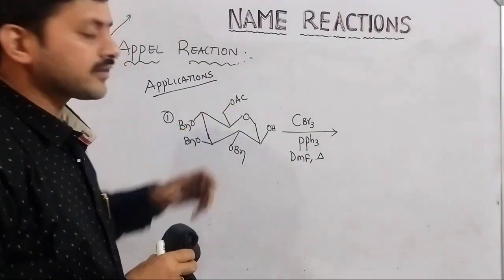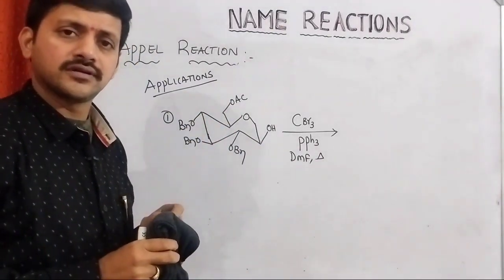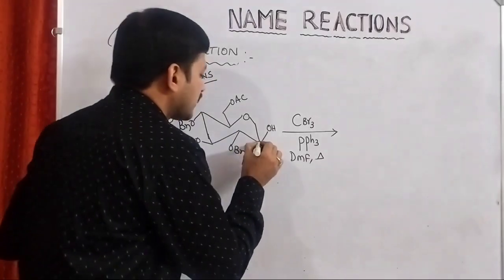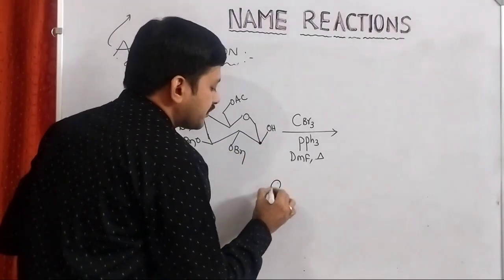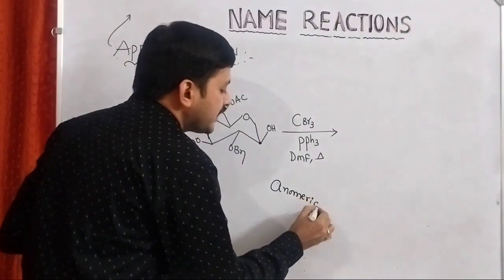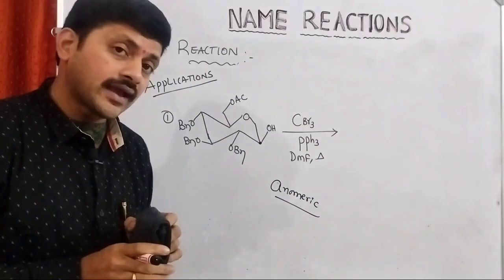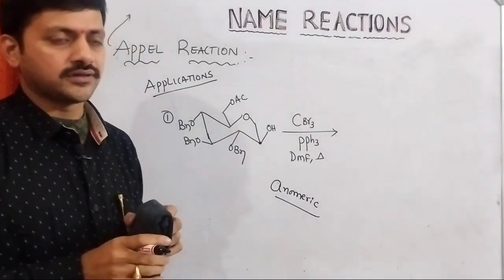If you see this reactant, it is a carbohydrate or not? At this particular carbon, this carbon is commonly called as what? Anomeric carbon. At the anomeric carbon, we can have the substitution.